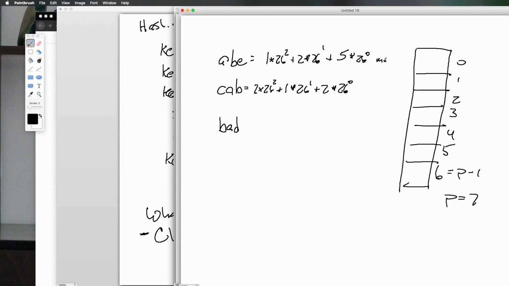By the way, this would be mod 7. And bad would go to, let's see, this should be a 3 here. 2 times 26 squared plus 1 times 26 to the first plus 4 times 26 to the 0. And again, that is going to be mod 7.